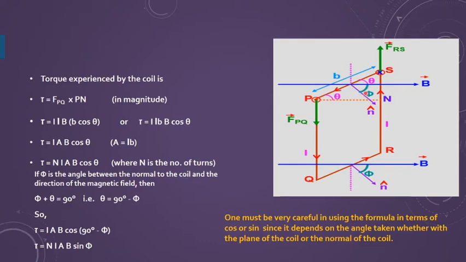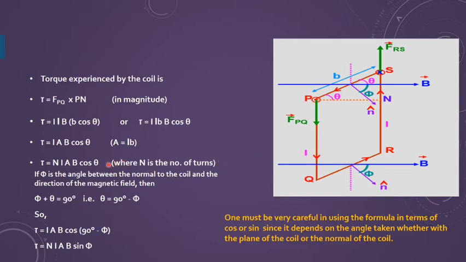So of course you can give the result in terms of ILB into B cos theta, or the length into breadth of this rectangular coil can be written as the area of the coil. So I can write it as NIAB cos theta, if instead of one turn I take N number of turns, where capital N is the total number of turns.